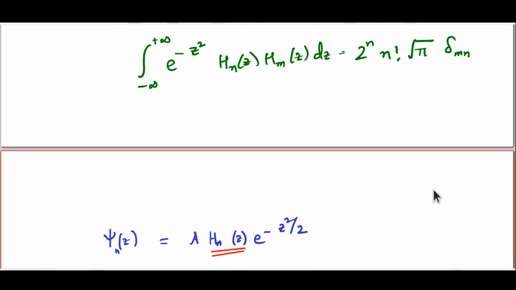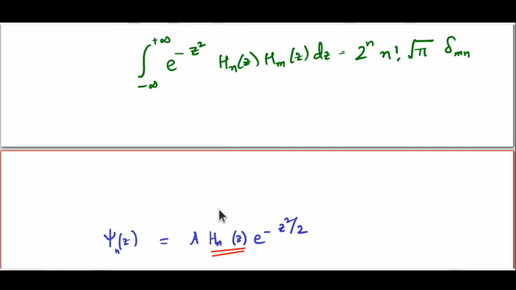As we had already figured out earlier, the nth energy eigenfunction for the harmonic oscillator, expressed as a function of the dimensionless variable z, is given by the nth Hermite polynomial of z times e to the minus z square by 2, up to an overall constant, which is the constant for normalization.